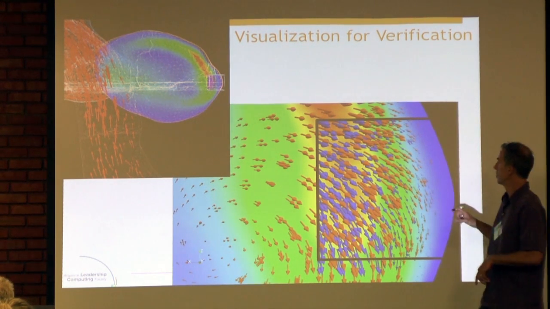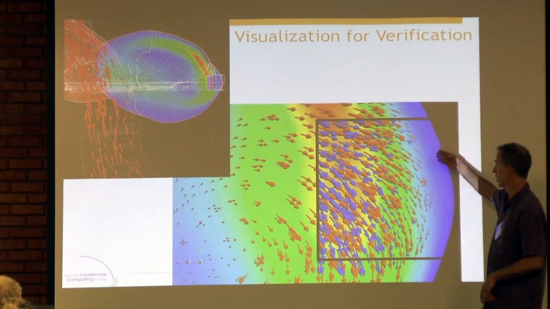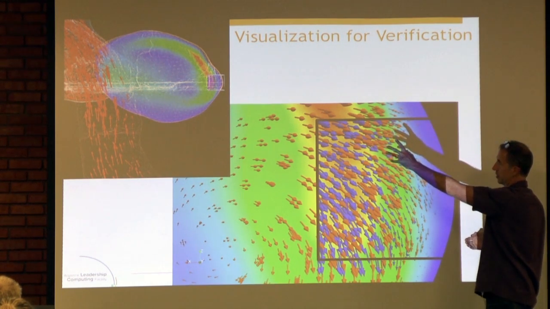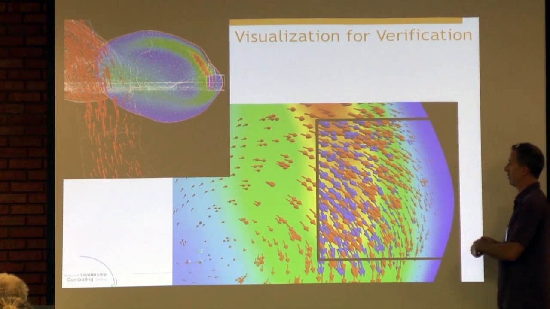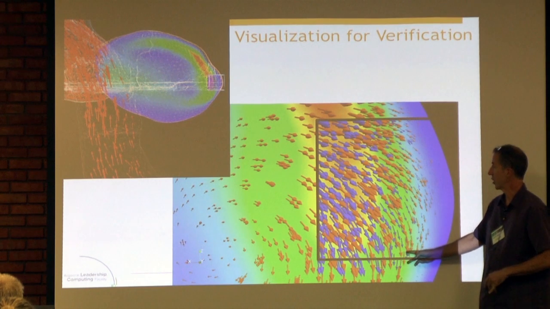So the region inside this black line here is the cutting plane along the boundary where the large area is being calculated by one code and the small region is what's calculated by the other. And so you can see that they match up, right?